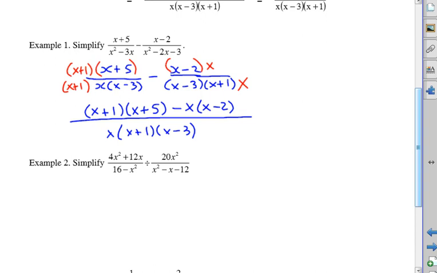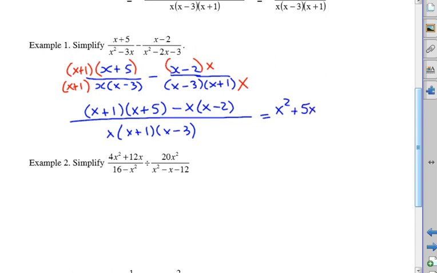Now what? Distributive law. Okay, so let's expand this. x times x squared plus x times 5, 5x. We don't have to draw the arrows anymore, right?